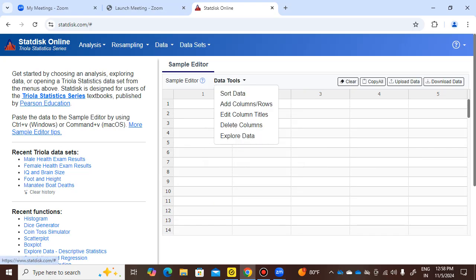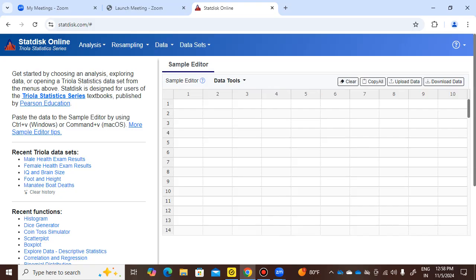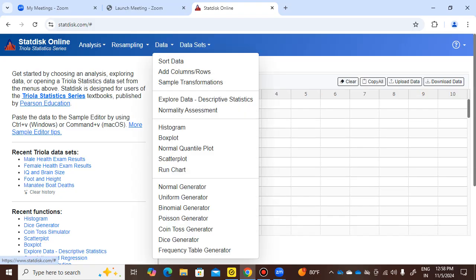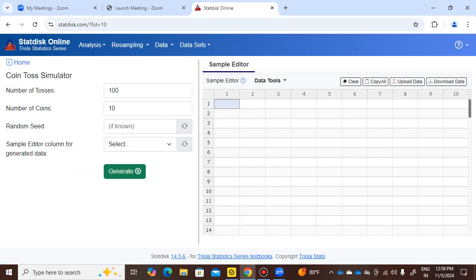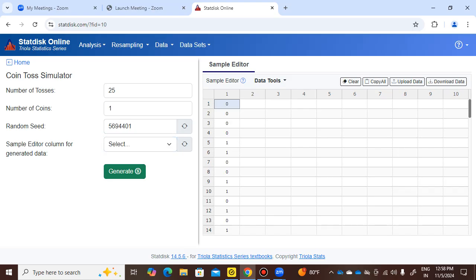I'm going to add on some columns though. I'll add on 5 columns. Alright. So coin toss, 25 times. Number of coins is 1. And we're going to put in the first column. I don't know how to take out the C number, but we'll just do it 10 times right off the bat here.